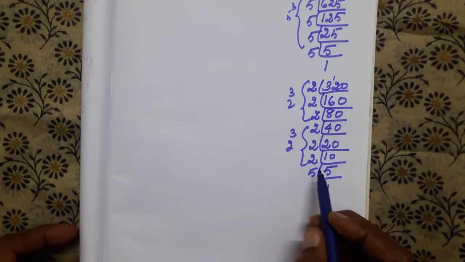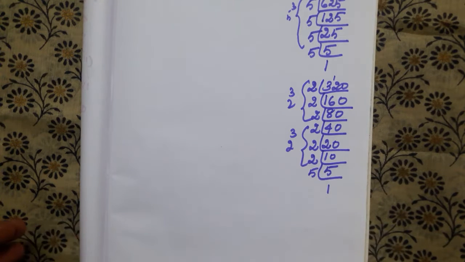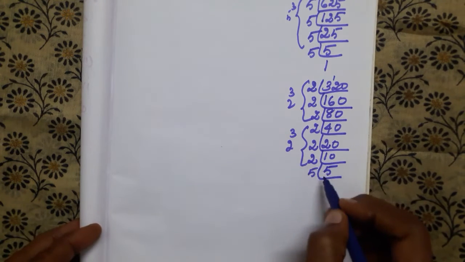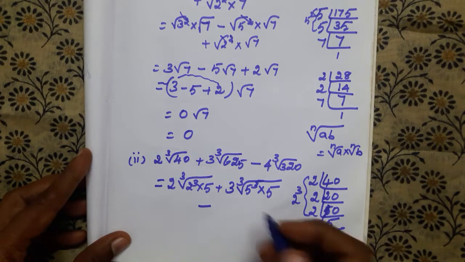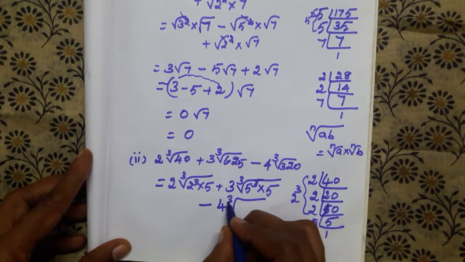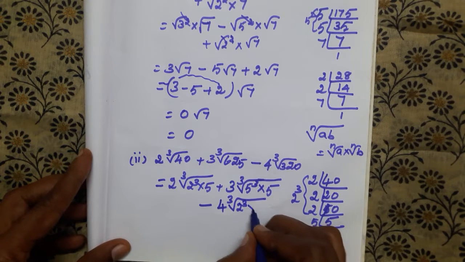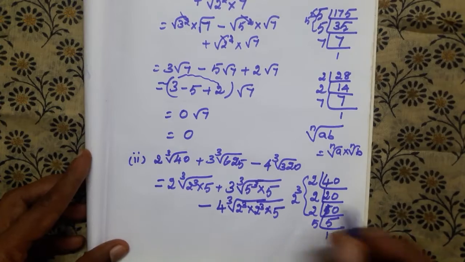This 5 we cannot write as power of 3. So we can write this 5 alone. So we can write 4 into cube root of 2 cube into 2 cube into 5.